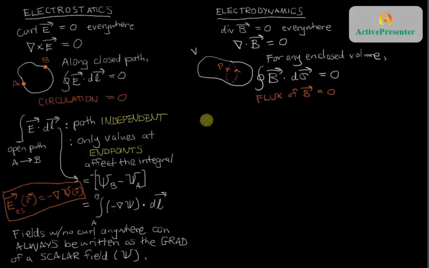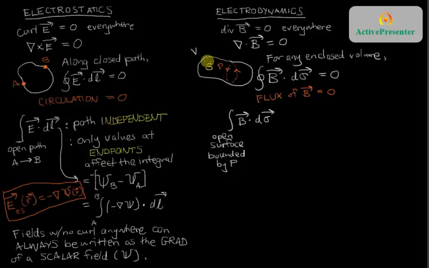I can now think about the open integral, the flux of magnetic field through an open surface bounded by P. And here are two examples of open surfaces that I could have.